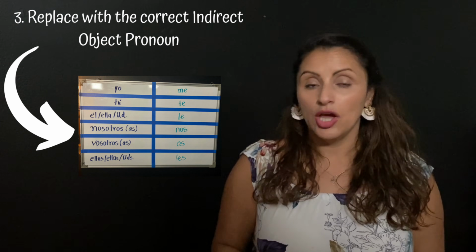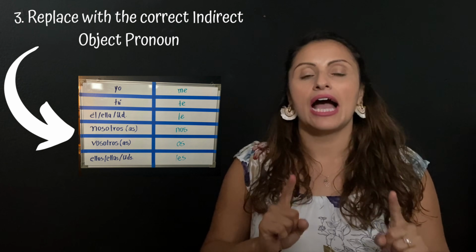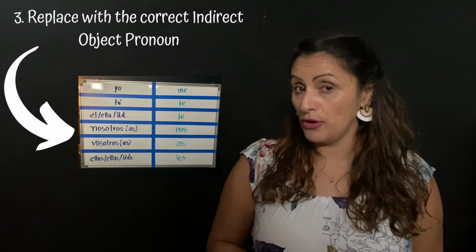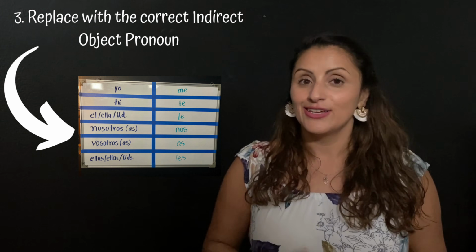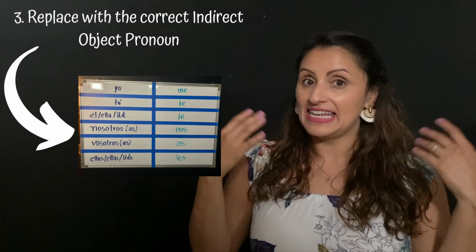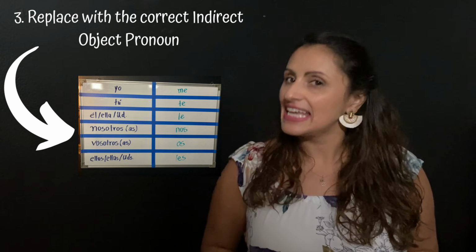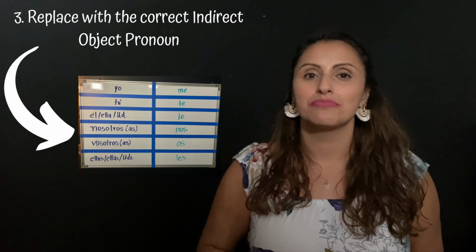Step number 3, once you figure out who, then you can figure out what indirect object pronoun you can use to replace that indirect object. So once you know who, find the appropriate indirect object pronoun, and now you know what you can use to replace that indirect object. And that, mis amigos, that's your answer.